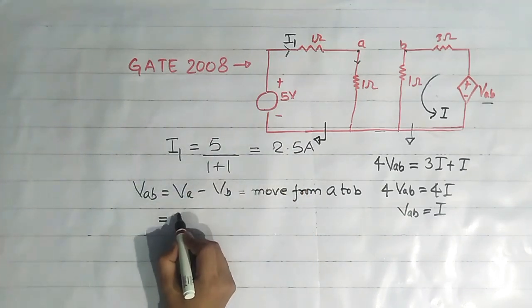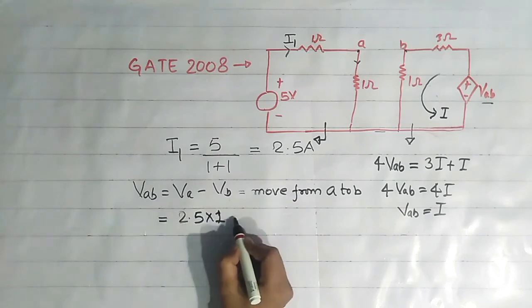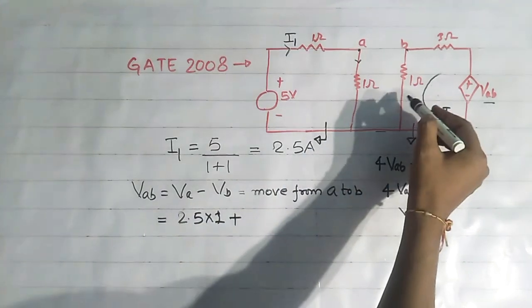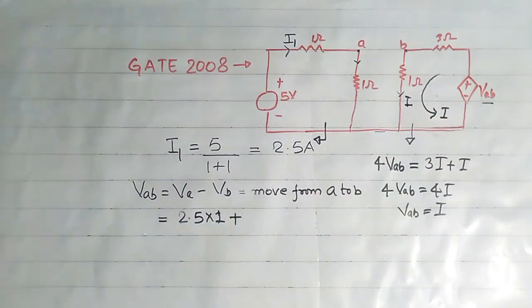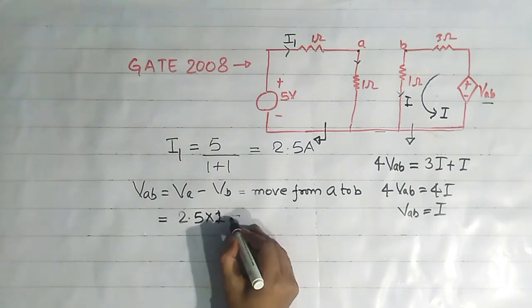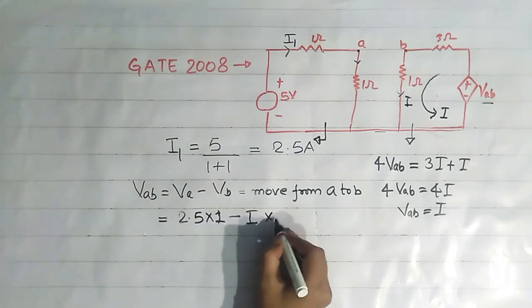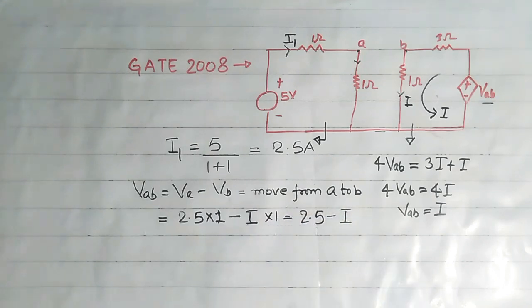So we can write 2.5 into 1 plus, now move here, the direction of current is like this, that is I. So we can write minus I into 1. So we get 2.5 minus I.